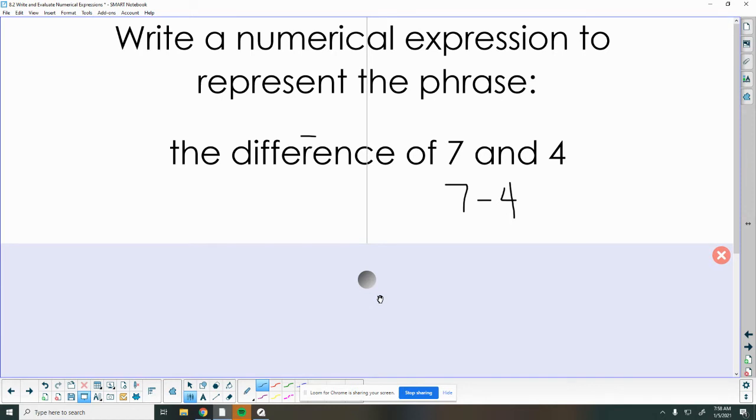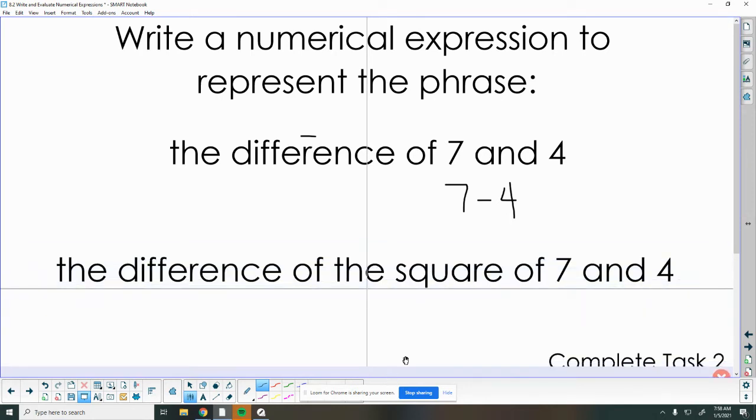So let's look at a very similar problem here. This one says the difference of the square of 7 and 4. If you remember, square means that we are going to put the exponent 2, because once you multiply it one way and the other, it would make a square, an array square.